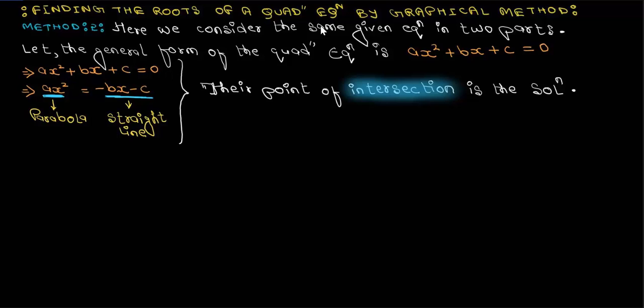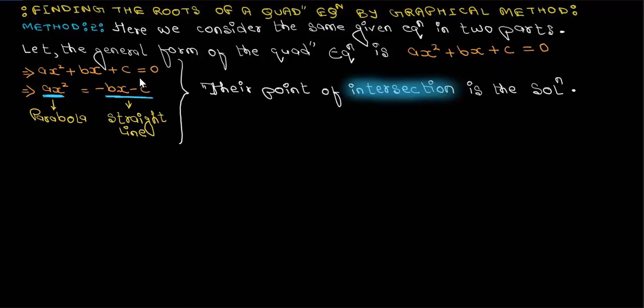Now finding the roots of a quadratic equation by graphical method, method 2. This is another way of finding the solution graphically, and here we consider the same given equation in two parts. The general form of the quadratic equation is ax square plus bx plus c equal to 0.